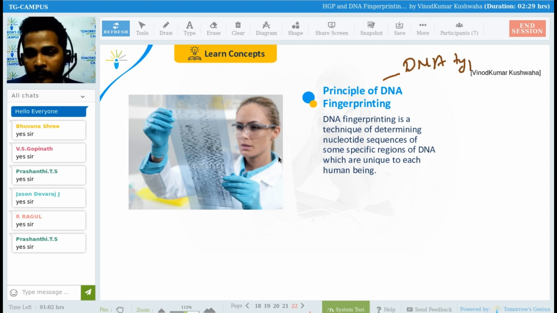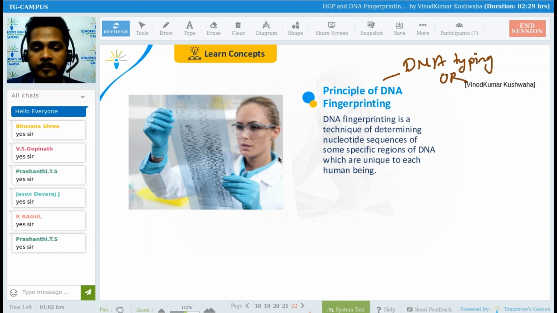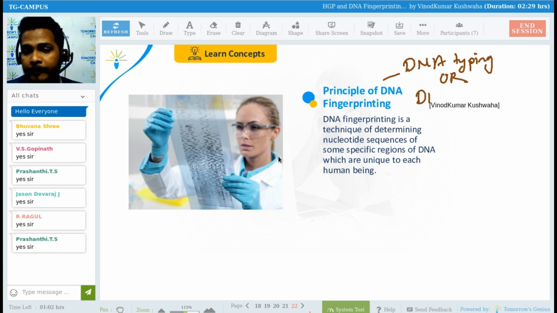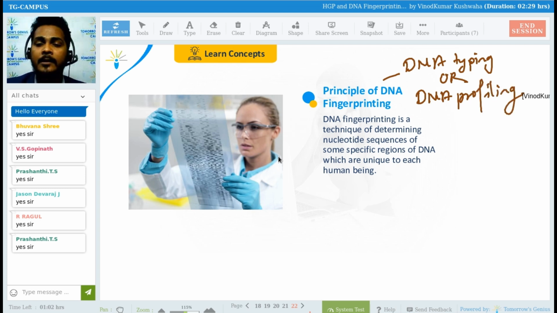DNA typing, or you can call it DNA profiling. So DNA fingerprinting can be called either DNA typing or DNA profiling. Now it is a technique.